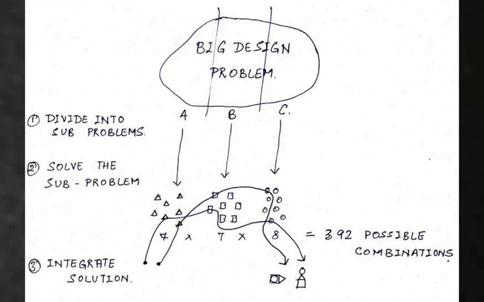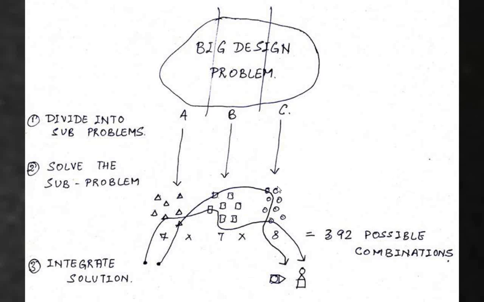If you solve subpart A, you have some solutions, which are framed here with this triangle. If you try to solve subpart B, you have various solutions, say in this square form, and subpart C can be solved individually, and you have some alternatives to solve these subparts.